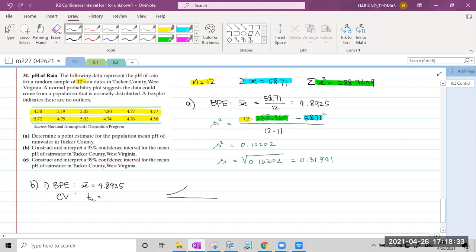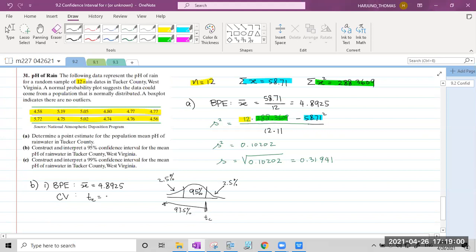Confidence level is 95%. So the area in the middle is 95%. The remaining 5% will be shared by two tails, each of them 2.5%, such that the critical value has area to the left, 97.5%.